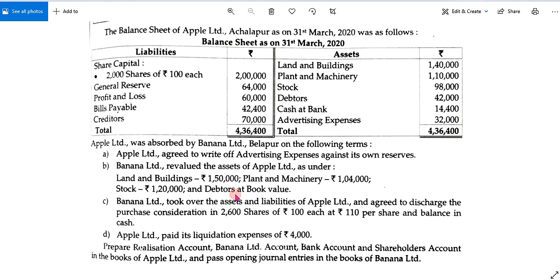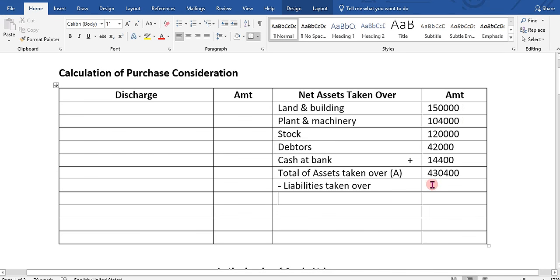So we took over all the assets which were given in the additional information. Now for liabilities, we have to check the balance sheet of Apple Limited, bills payable and creditors. So less bills payable 42,400, creditors 70,000.